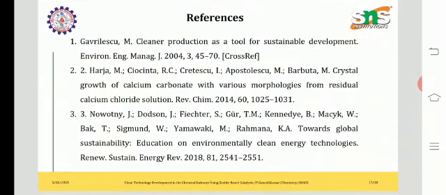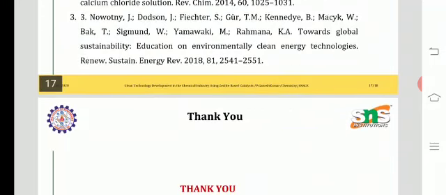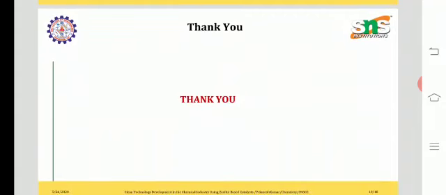So with this we can go for references on sustainable development and environment given by Gerald Singh, Haraj et al., Calcium carbonate crystal growth with morphologies of residual clarines used as zeolites, Navoti et al., Towards a global sustainable things. So thank you.